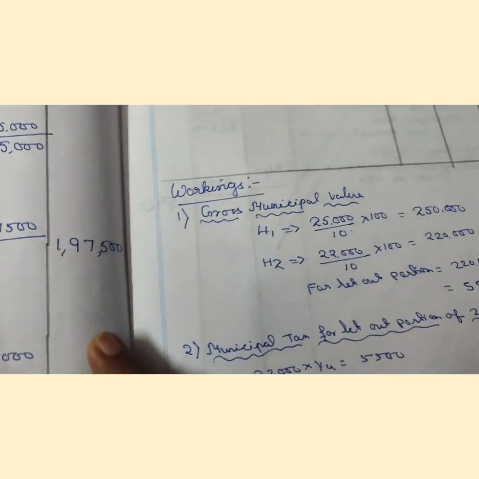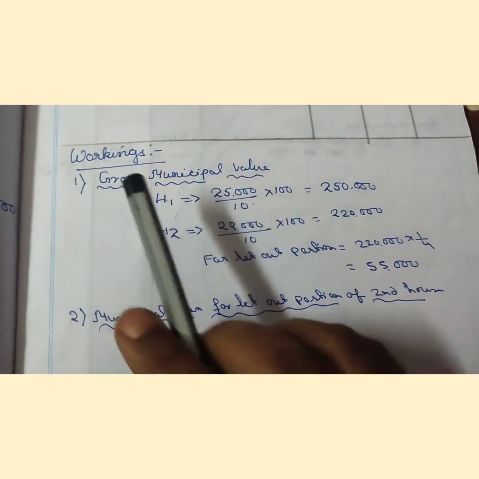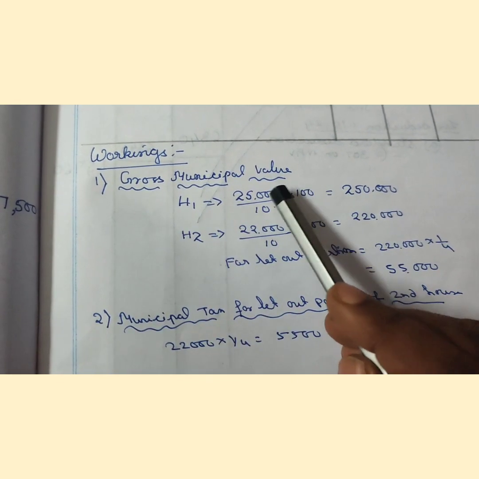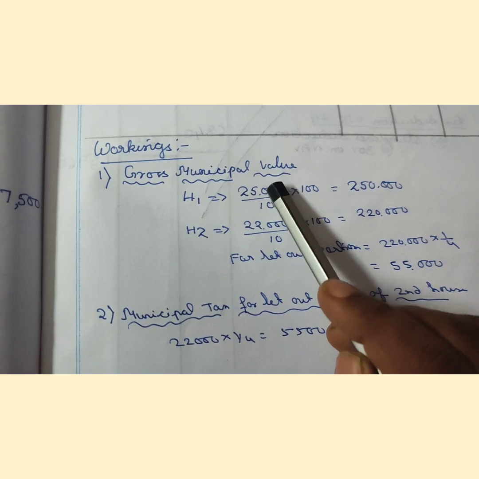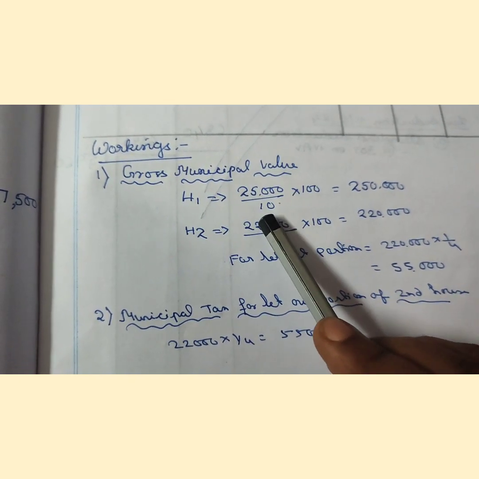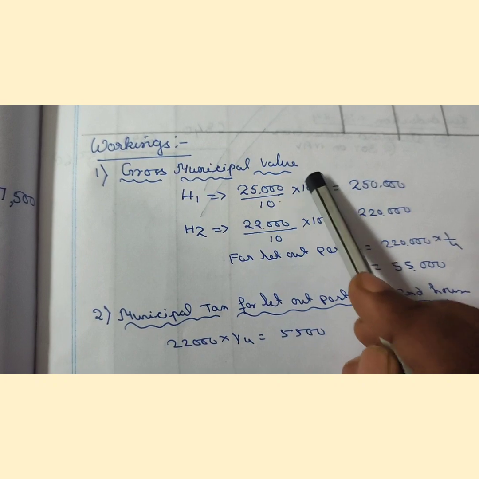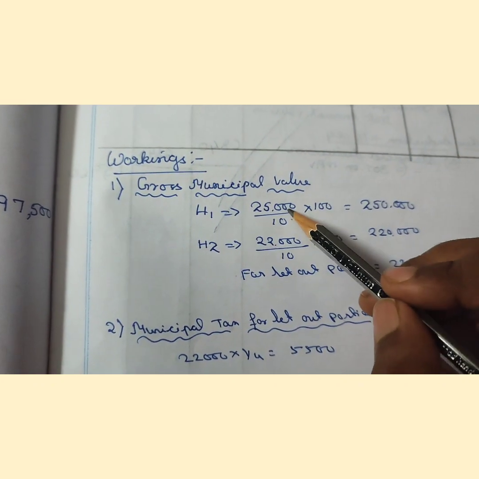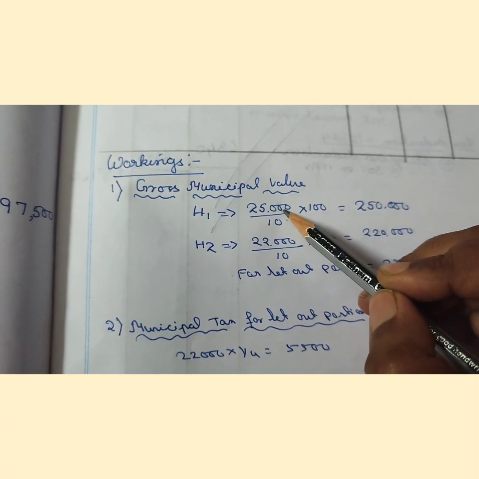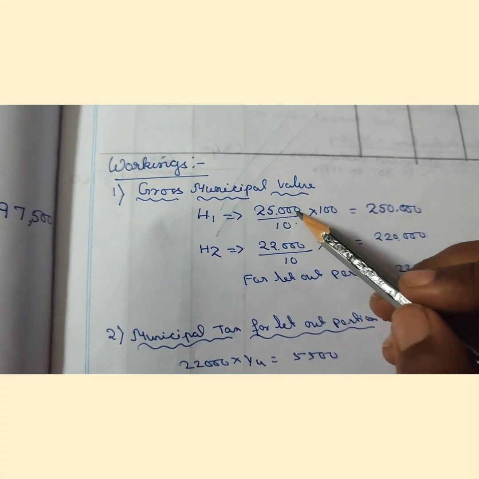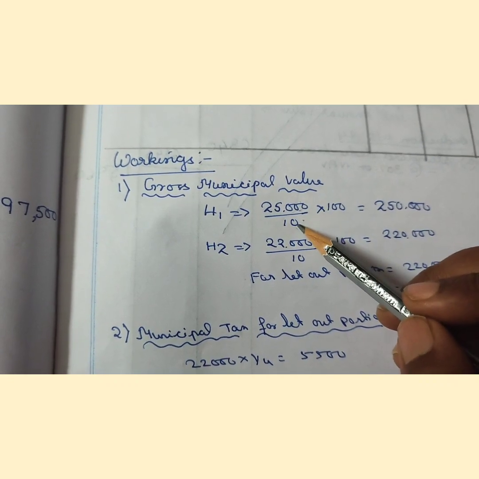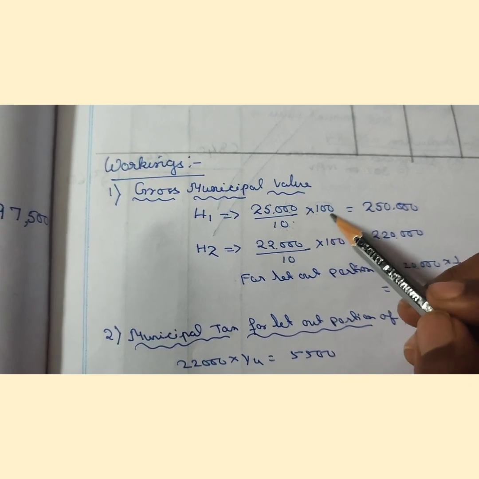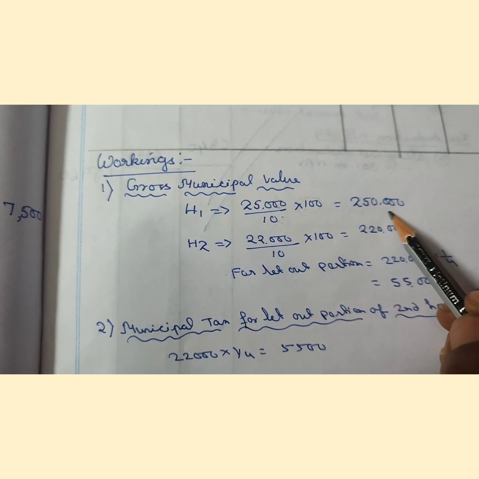Now here is the working spot. Gross municipal value for house 1. It is given in the question that municipal tax is 25,000 for house 1, assessed at 10% on municipal value. So the computation method is 25,000, the amount of municipal tax, divided by 10%, because 10% is the rate, and municipal value, if we assume 100%, is 2,50,000.